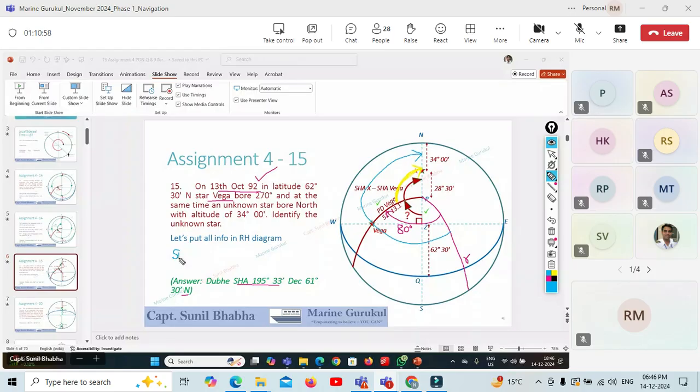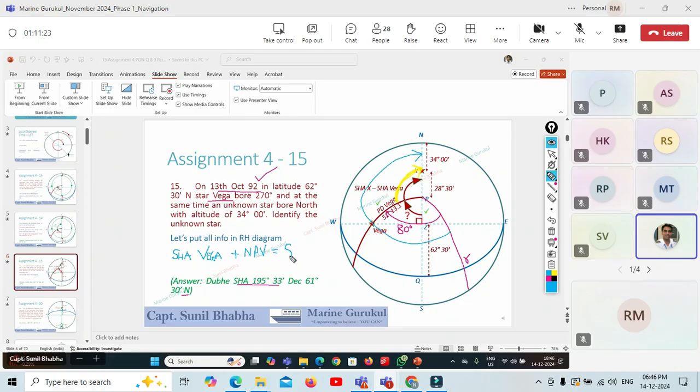Yes, sir. Okay. So I'm writing it here. Red angle is SHA of Vega. The yellow angle is what we had calculated. The yellow angle is basically NP Vega. I will write NPV is equal to the blue color angle. And look carefully at the blue color angle.